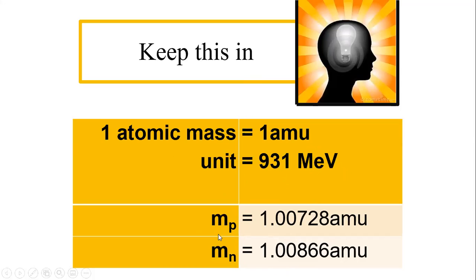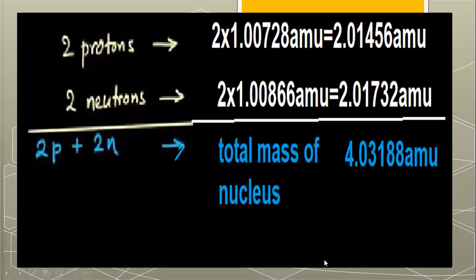The mass of a proton comes out to be 1.00728 AMU, while the mass of a neutron has the value of 1.00866 AMU. We have seen that the nucleus of helium is composed of two protons and two neutrons.